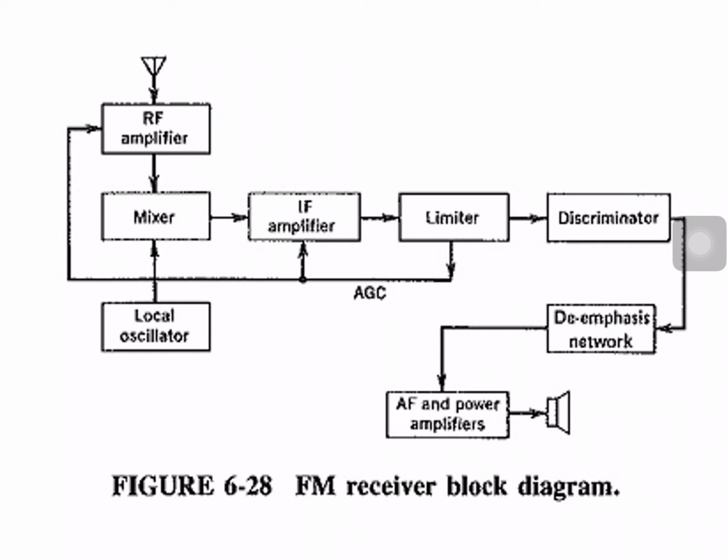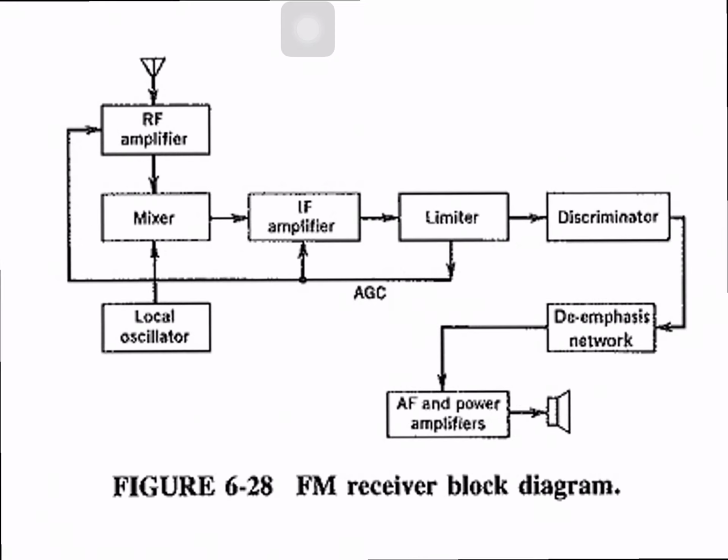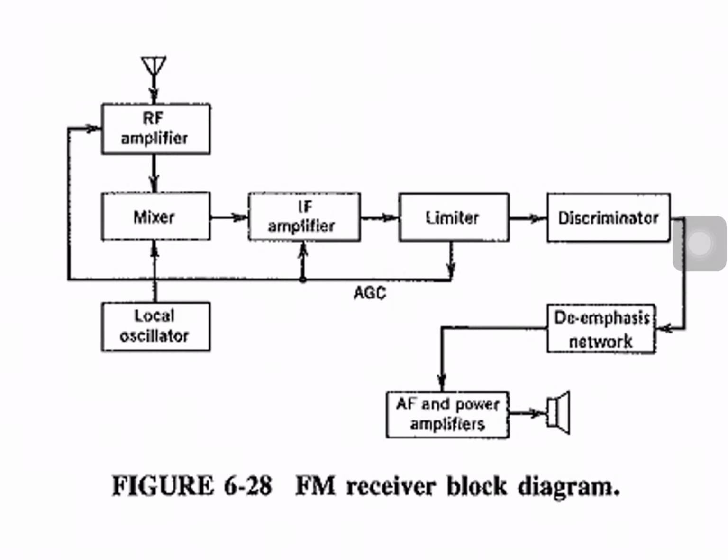The AM receiver block diagram and FM receiver block diagram are almost the same. Let's see what the basic differences are. Generally, FM operates on much higher frequencies. This is the first basic difference.